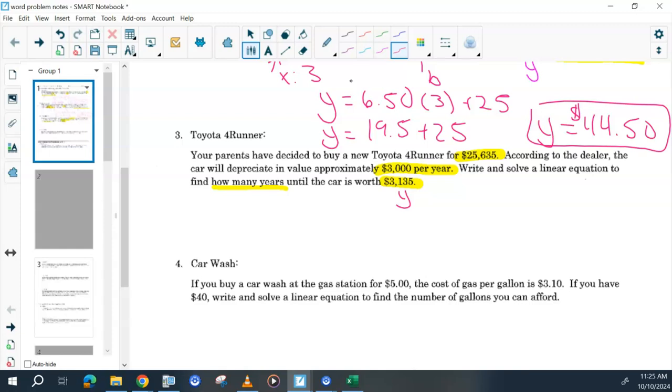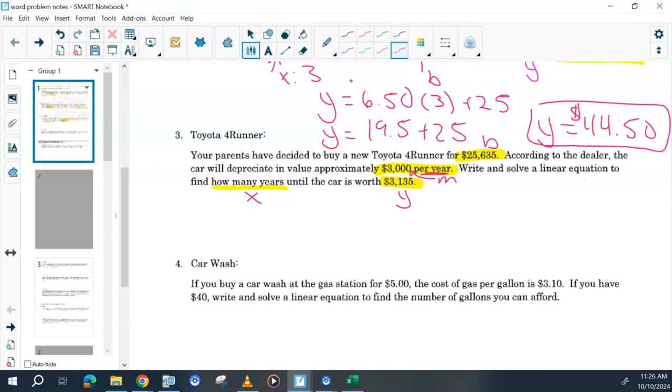Is there an m and 3,000? Mm-hmm. Because of that curve. And the b is 25,635, which means the number of years would be our x.